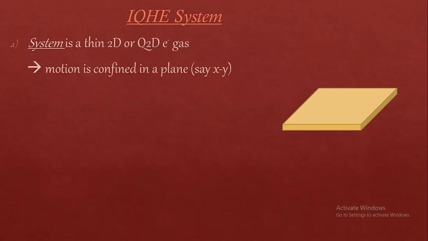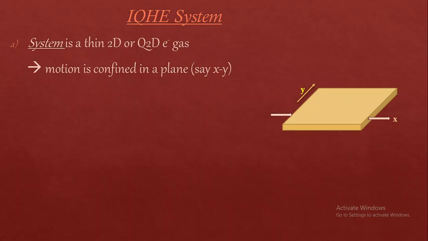If you consider this is your semiconducting material, the degrees of freedom for this system is equal to 2, that is a two-dimensional system, and the carriers can move only along the x and y direction, but are confined from moving along the z direction. That's why we have a two-dimensional system here.